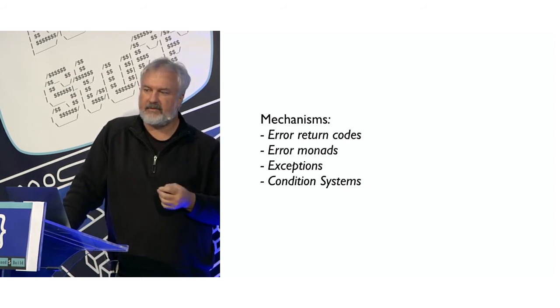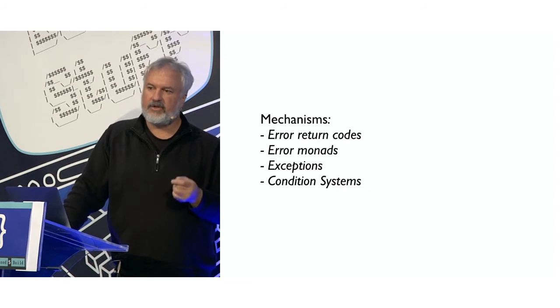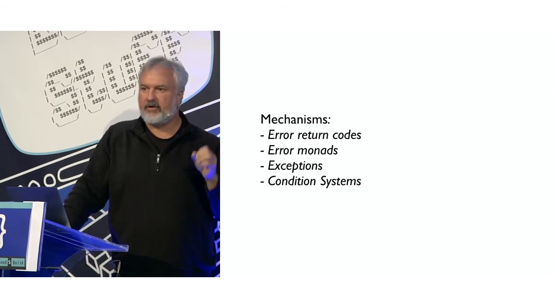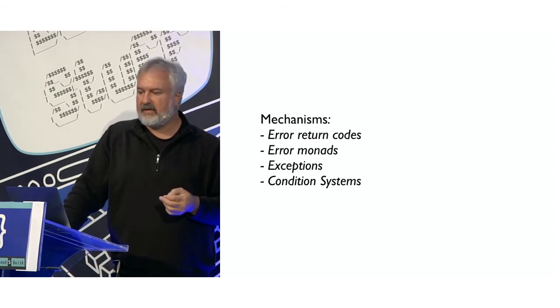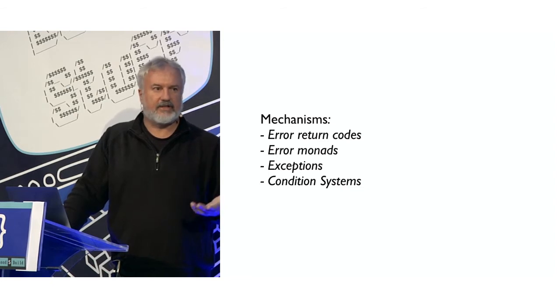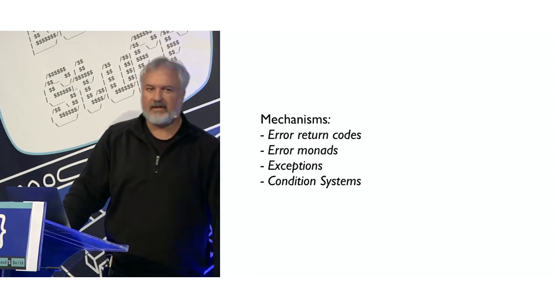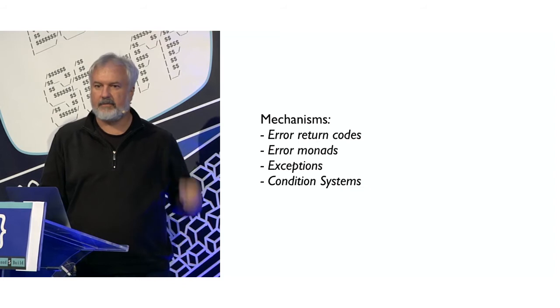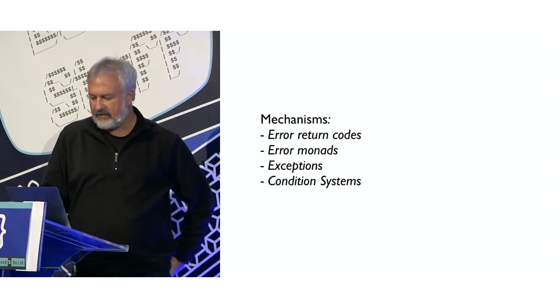But the idea behind this is that you can have something which is almost like an exception that you throw, but what you do is you basically say, when this particular thing happens, execute this particular code, right? So you can almost parameterize an area of code by a strategy that's going to be executed when a particular error occurs. And even though languages don't tend to have condition systems built into them, we can use the strategy pattern, for instance, to plug in the things that we want if we want that kind of capability.